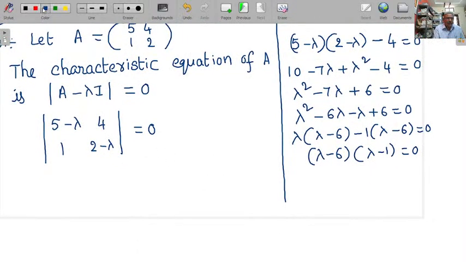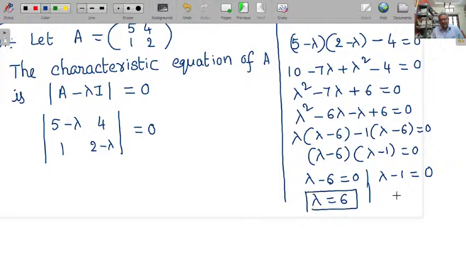Okay. So now lambda minus 6 equals 0. Clear? And lambda minus 1 is equal to 0. So my dear students, we get lambda is equal to 6, because it's a linear equation in lambda, and lambda is equal to 1.